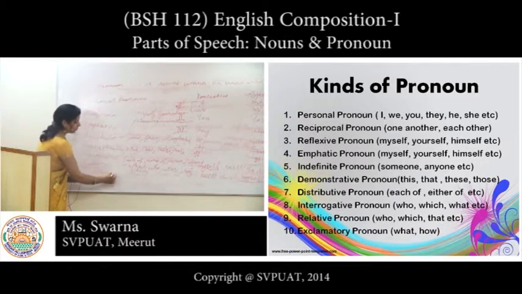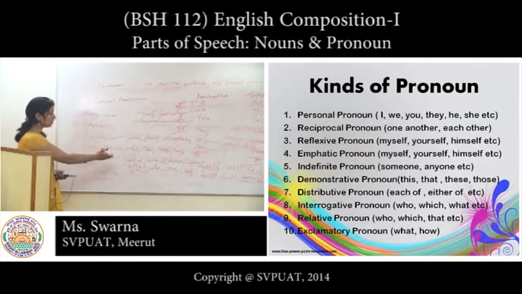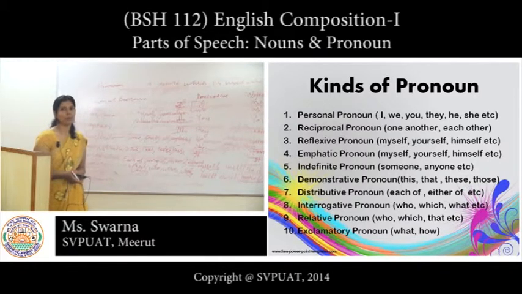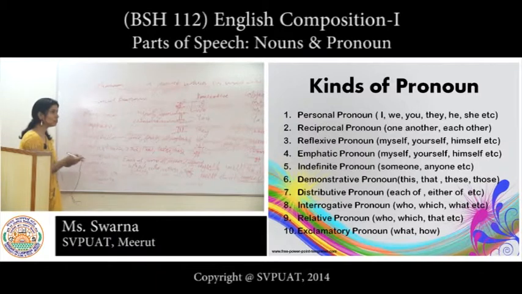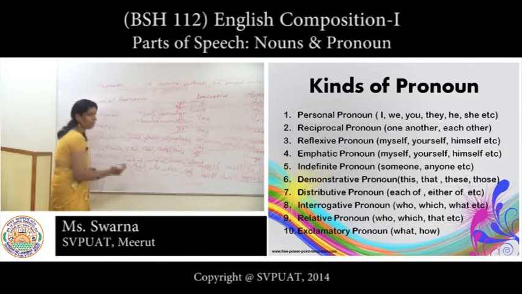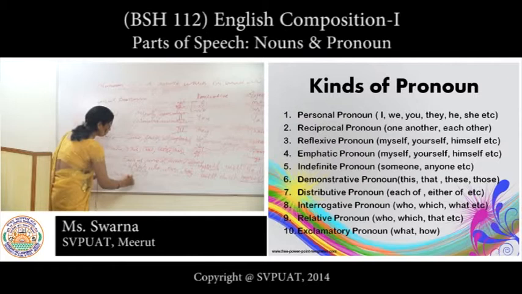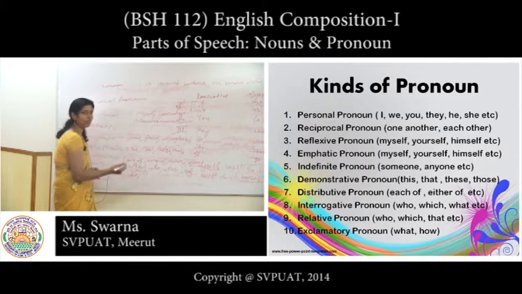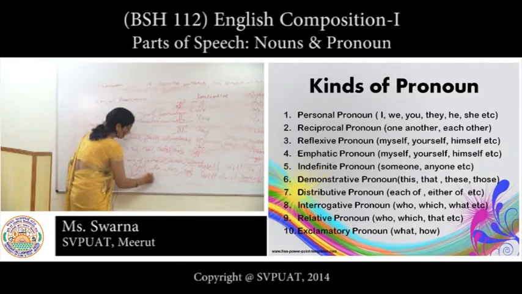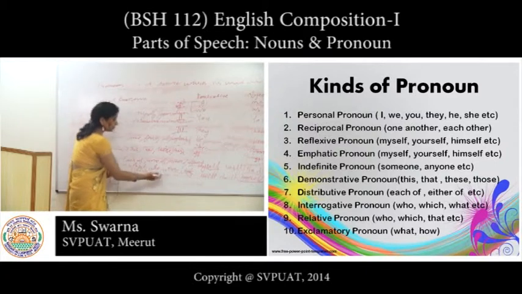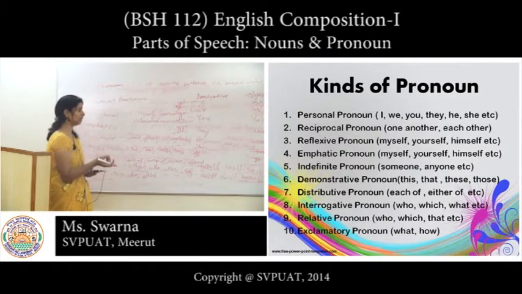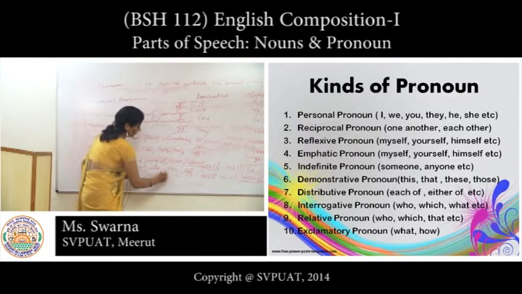Then relative pronoun. If you use these question words in relation to a noun or pronoun, meaning when we use these words to relate a noun or pronoun in a sentence, then these question words are called relative pronoun. Like for living things we use who, for non-living things we use which, and except these question words we use one word, that.